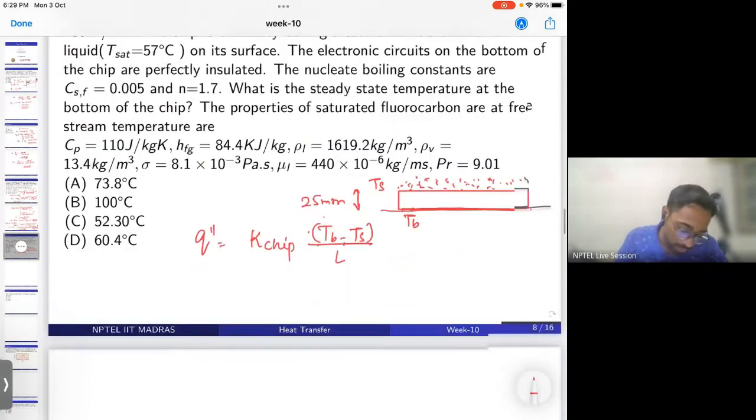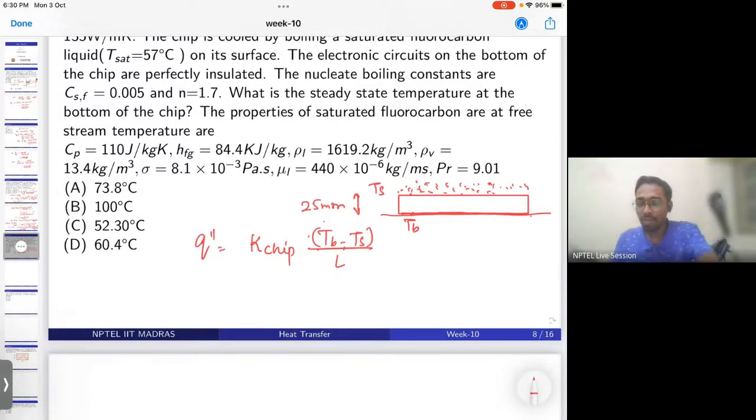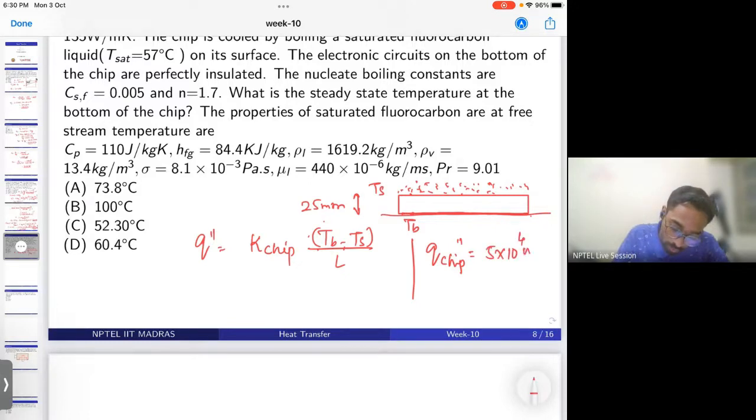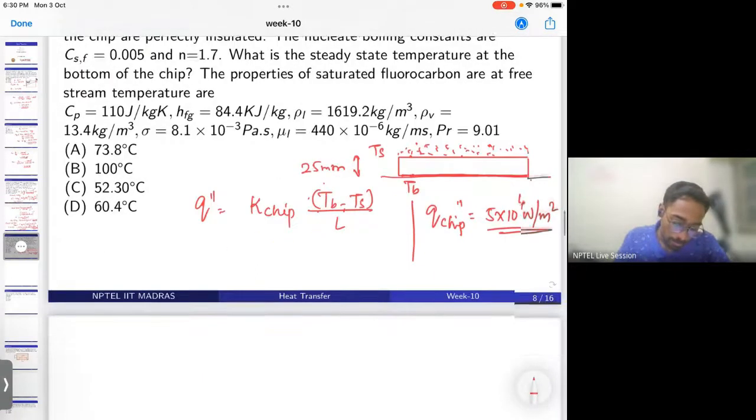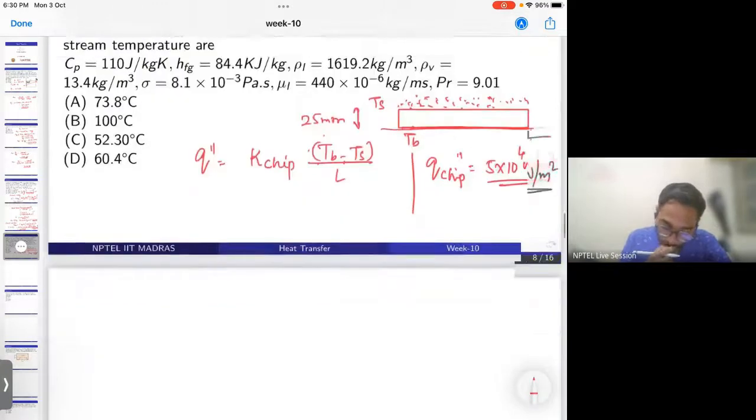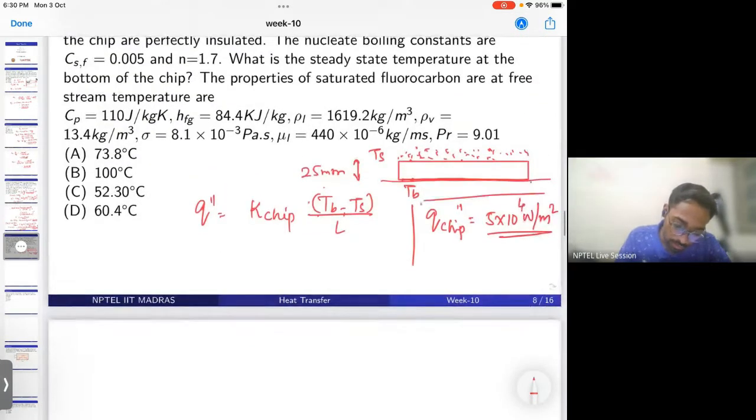For finding out TS, we need the heat flux that is generated by the chip. That is the heat flux that we need to remove from the chip, which is given as 5 into 10 raised to 4 watts per meter square. This is usually known for a chip. So this is missing in the question, and you can add this data also.